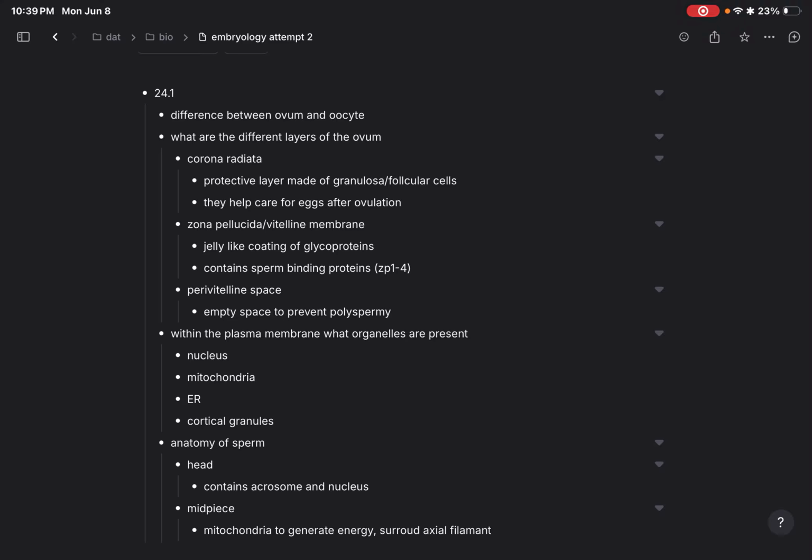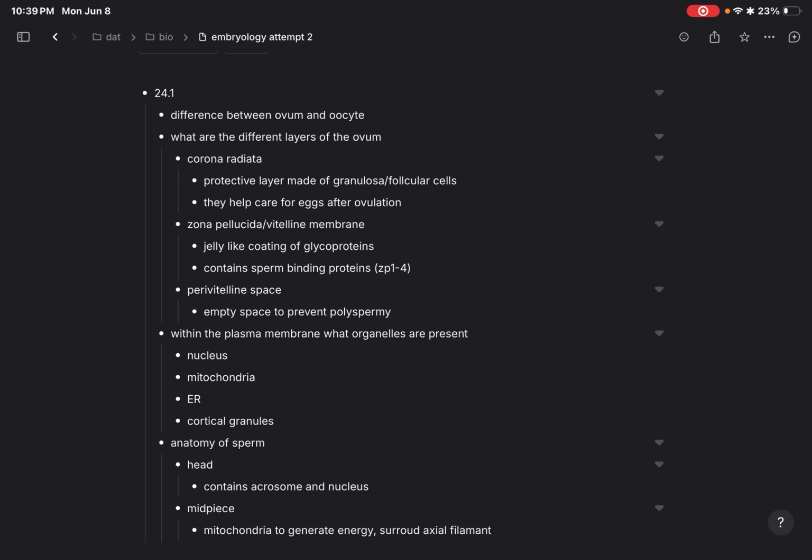So just to go over, we got 3 layers to the ovum. We got the corona radiata, the zona pellucida, and the, no, the perivitelline space. So 3 layers of the ovum.